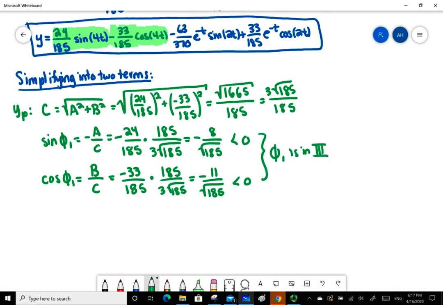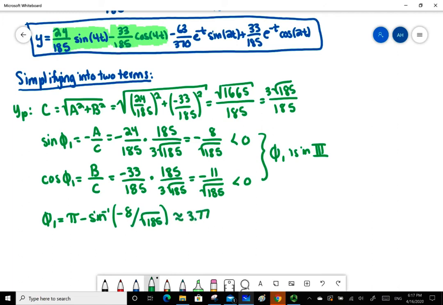So no matter what inverse trig function we use, we're going to have to adjust the result to get the correct angle. I'm just going to use the inverse sine, so phi1 is going to be pi minus the inverse sine of negative 8 over the square root of 185, which is approximately 3.77.